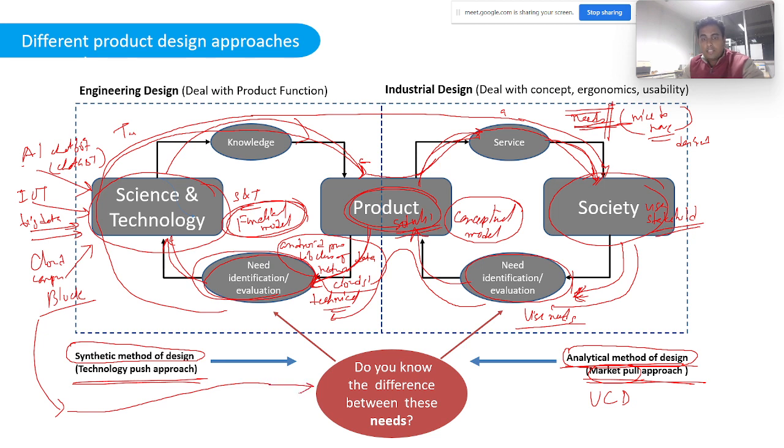So this was a disruption. Nobody had a societal need, nobody said we need a smartphone. But a technology push happened and it got a market and it got requirements and needs. That's how the smartphone exists in today's society. So this is again a synthetic method of design. Today we are discussing the analytical method of design, which is user-centric design. Clear?